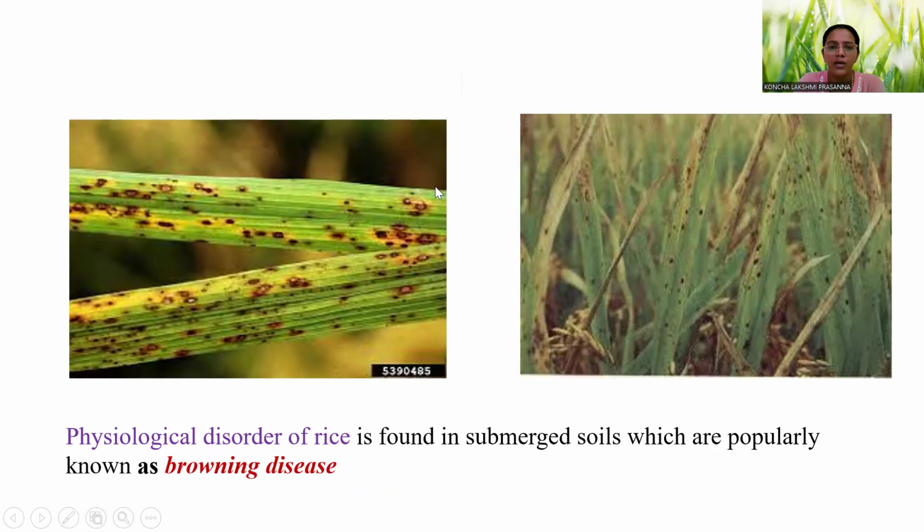Here you can see the symptoms of this Browning disease. Reddish brown symptoms are formed on the leaves because of the high toxicity of iron and aluminium released in acid soils, popularly known as Browning disease.